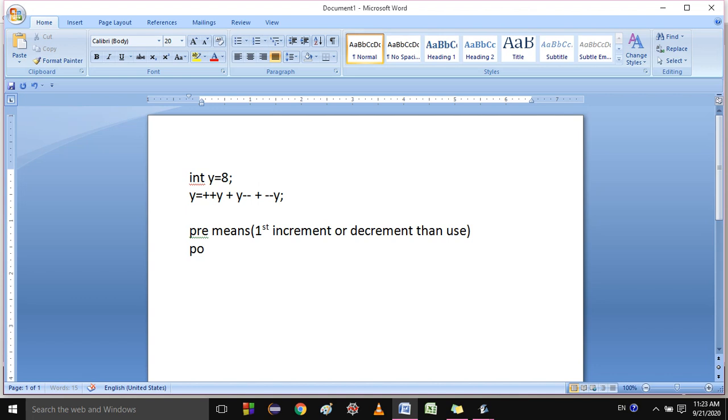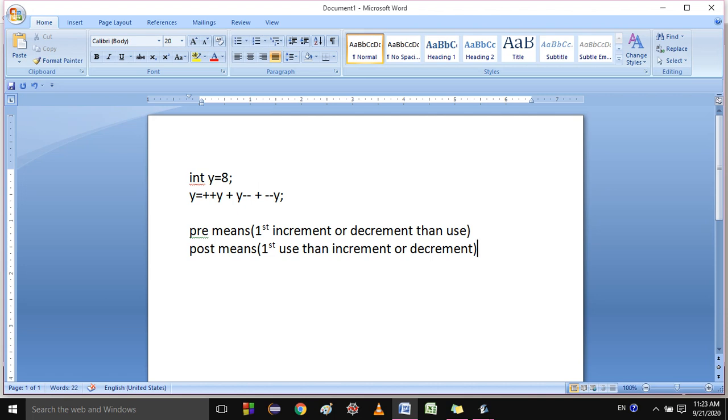Post means first use, then increment or decrement. First use, then increment or decrement. This is the use of this one.